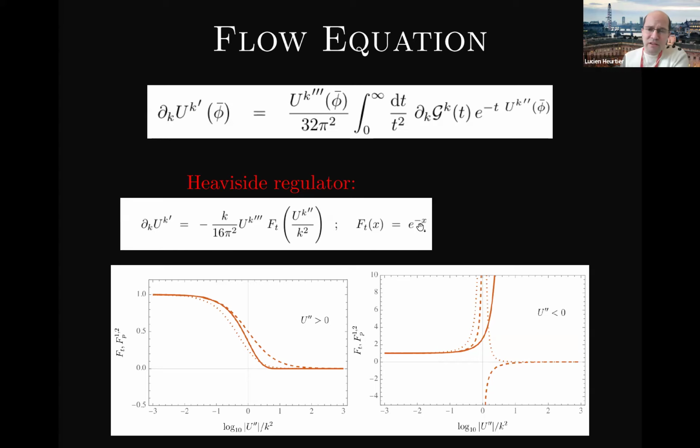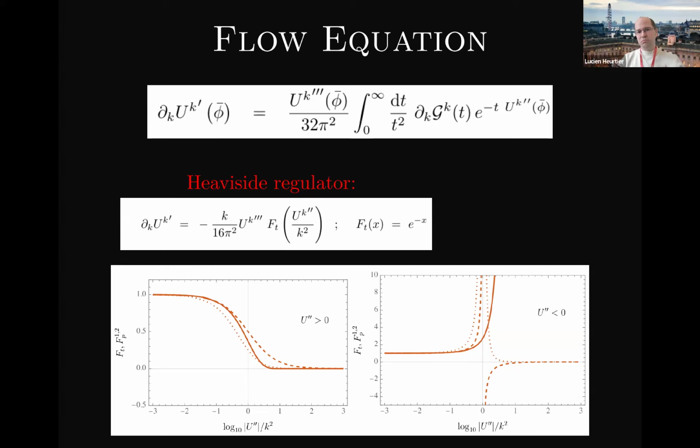But the most standard regulators used in the literature by Heurtier, Lucien, and collaborators are not exponential. It's usually going like 1 over 1 plus this ratio to a certain power, meaning that if u second becomes negative, 1 plus u second over k squared may become 0, and you may hit a pole. That's why you don't see a lot in the literature people taking a non-convex potential and running the flow equation to obtain a perfectly convex potential.